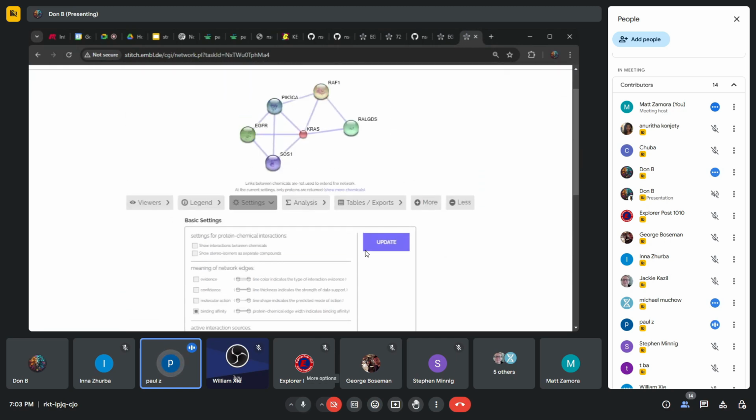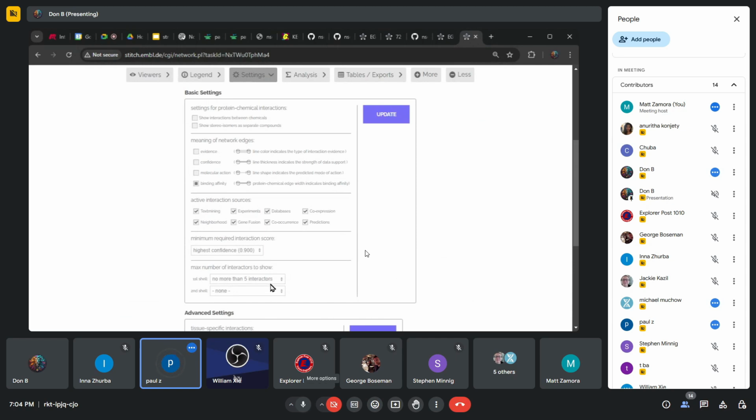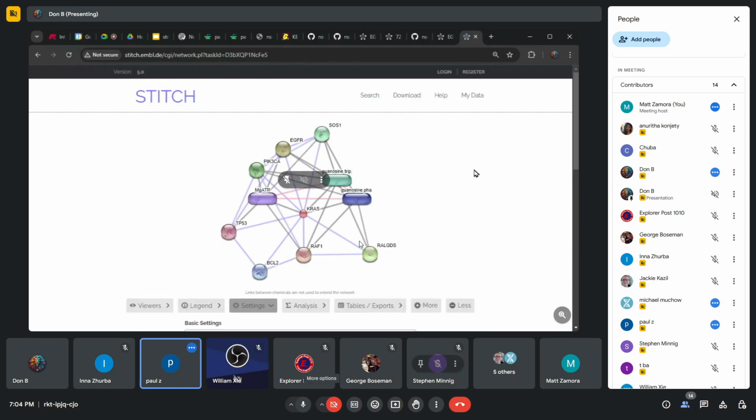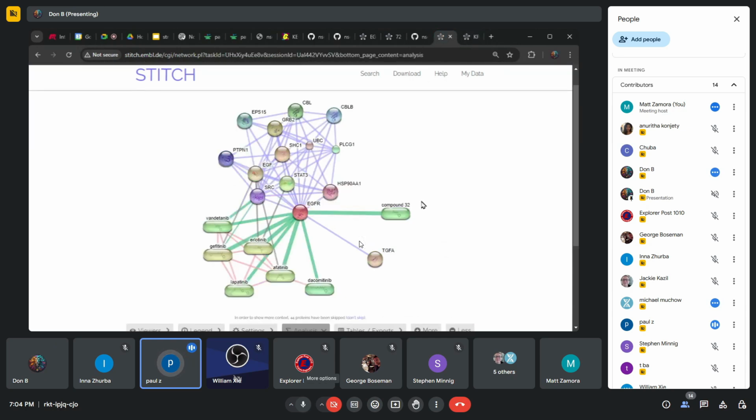I think you get a better reading on compounds by going back to the previous view, which focused on EGFR, because those compounds were easier to understand.